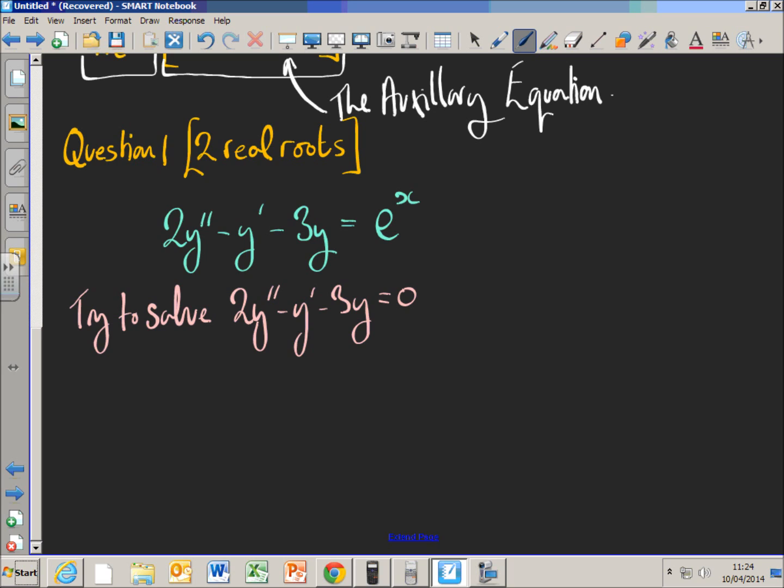So I'm just going to write down the auxiliary equation. What's the auxiliary equation? 2m squared minus m minus 3 equals 0. I'm going to find the value of m, and then I can put it back in for my y value. So can someone factorise this?